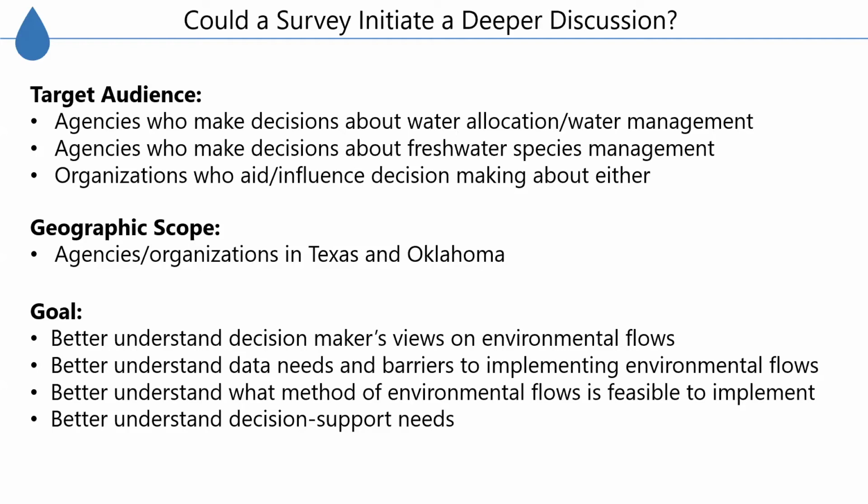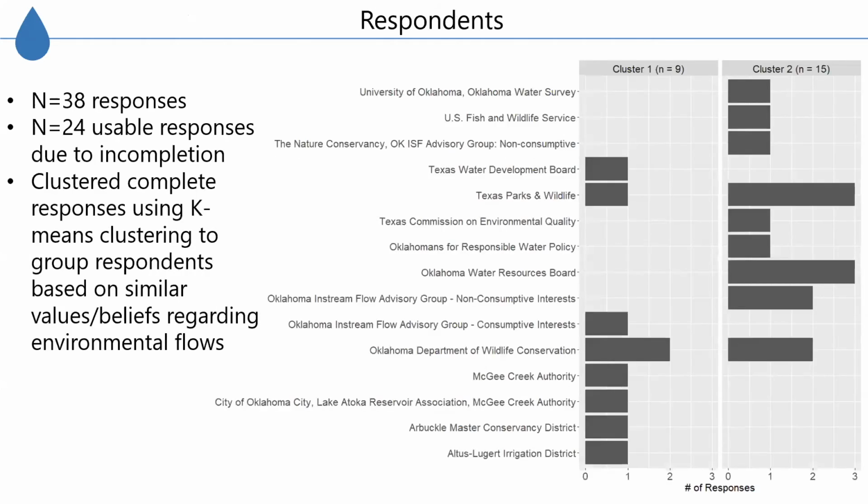And the goals of the survey sort of reflect those questions that I had on the previous slide. So I wanted to better understand decision makers' views on environmental flows, better understand data needs and barriers, what method of environmental flows is feasible to implement, and any decision support needs. So we sent out the survey.